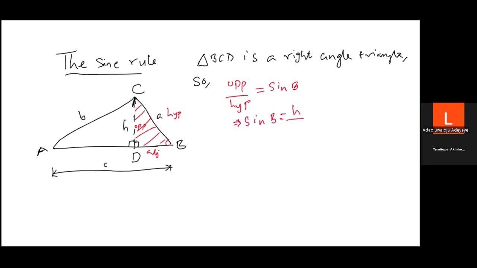If you cross multiply, I want to make H the subject, so H will be a sine B. H equals a sine B. Let's call that equation 1. Are you with me?